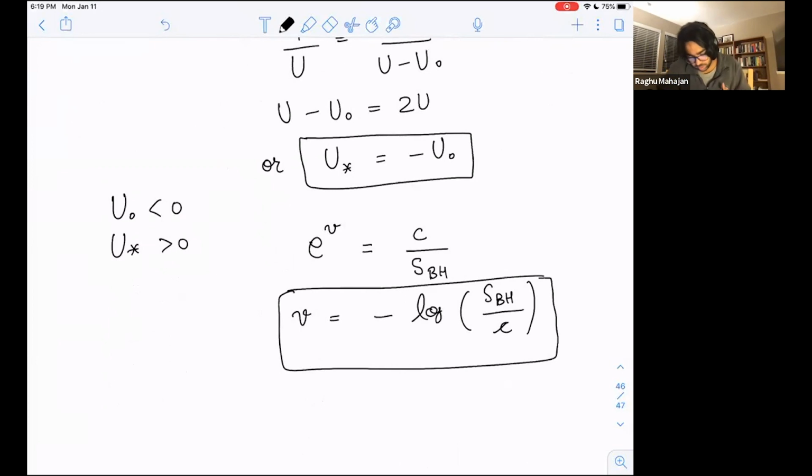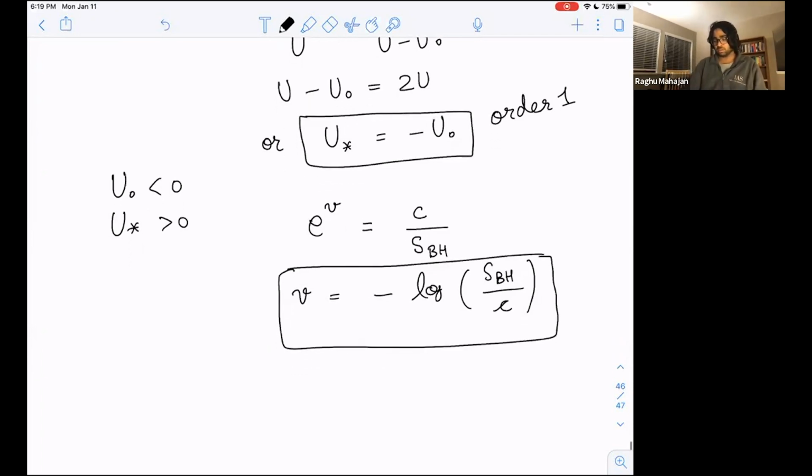What we learn is that this is some order 1 number. This is not particularly big, so nothing interesting is happening in the capital U coordinate. The interesting thing is with the v, which is large. So r minus r_s is very small, because r of Q minus r_s is proportional to e to the v, which is equal to c over S black hole.